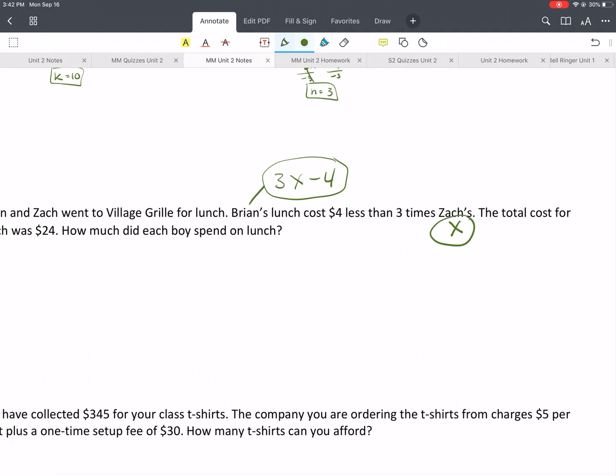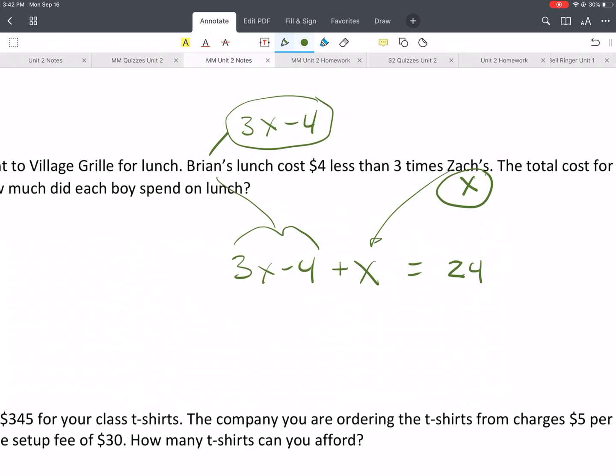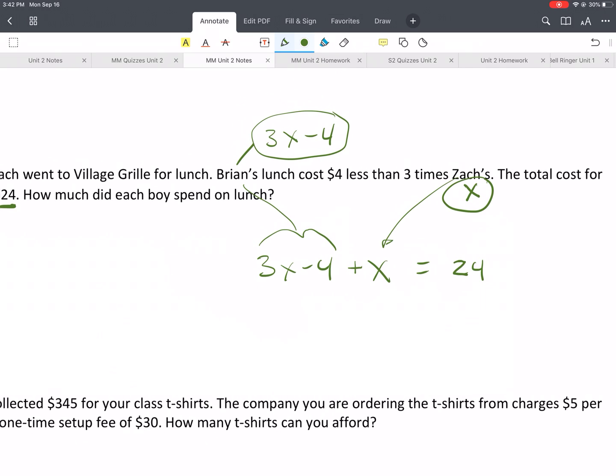And then they tell us the total cost is $24. So if we add Brian's and Zach's, we do 3x minus 4, and then plus x, which is Zach's. So here's Zach's. This is Brian's. Okay? And he says that the total cost is 24. And we just want to solve for each of their lunches.